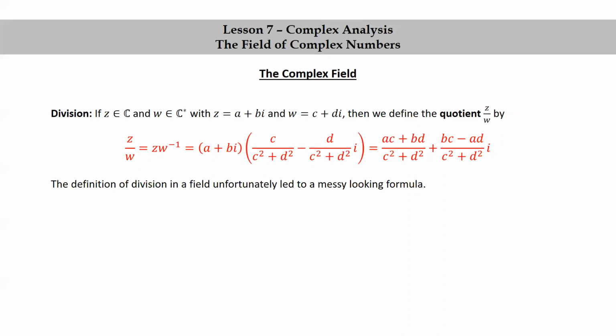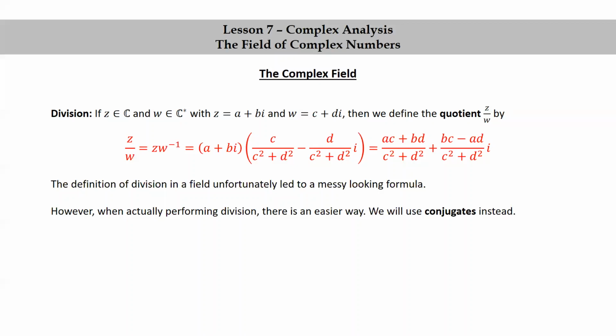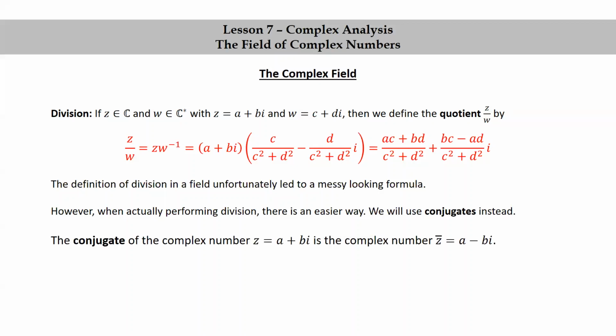The definition of division in a field unfortunately led to a messy looking formula. However, when actually performing division, there's an easier way. We're going to use conjugates instead. The conjugate of the complex number z equals a plus bi is the complex number z bar equals a minus bi.